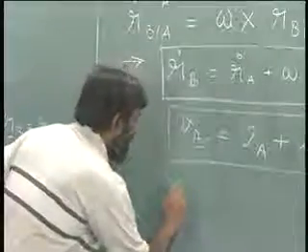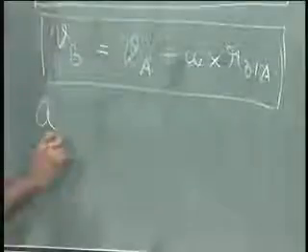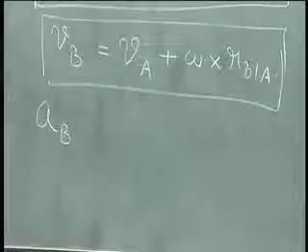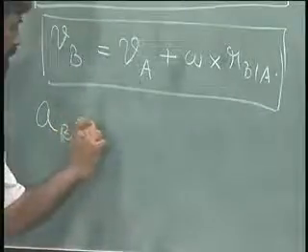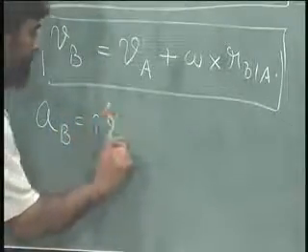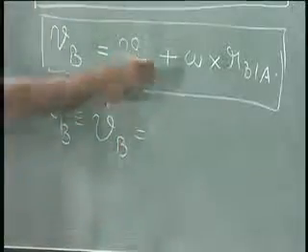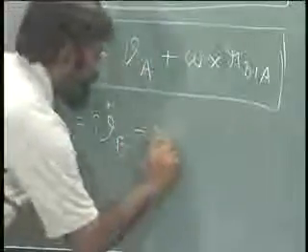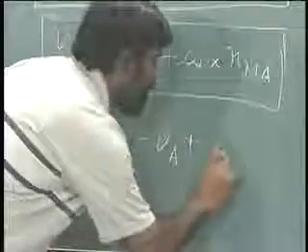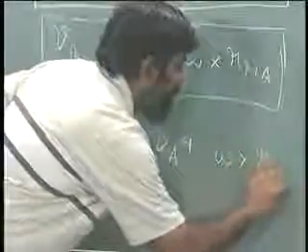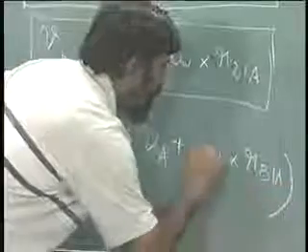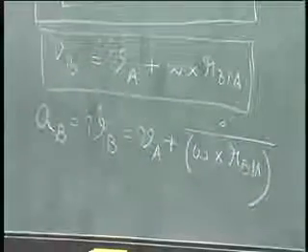If I take the derivative, so let us say the acceleration of B is nothing but V dot B, and that is equal to, based on this, V dot A plus omega cross R B with respect to A, the derivative of the whole thing.